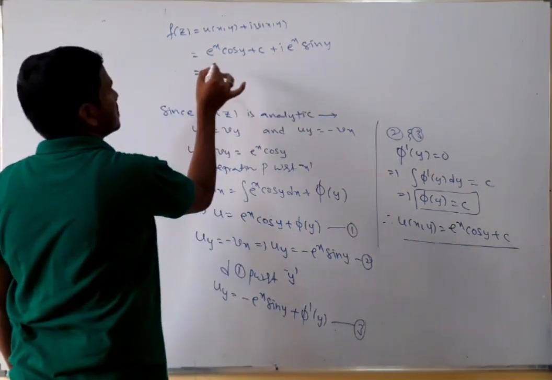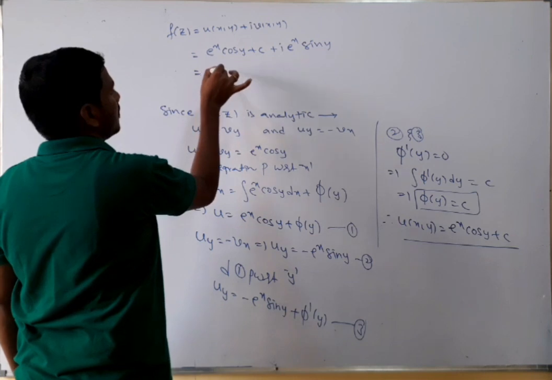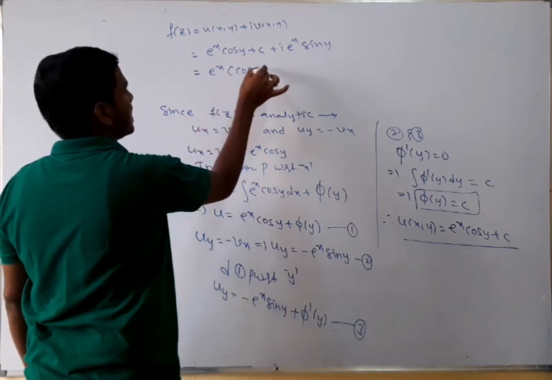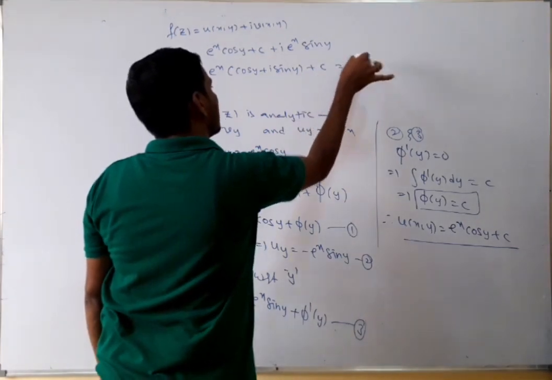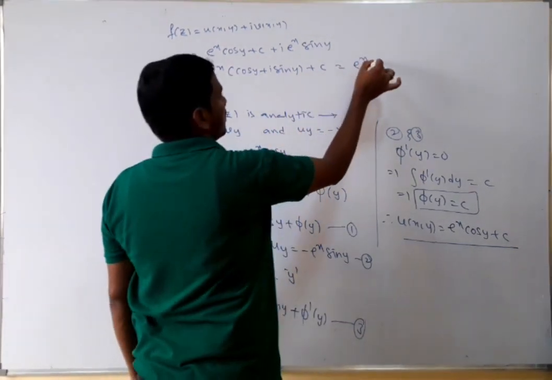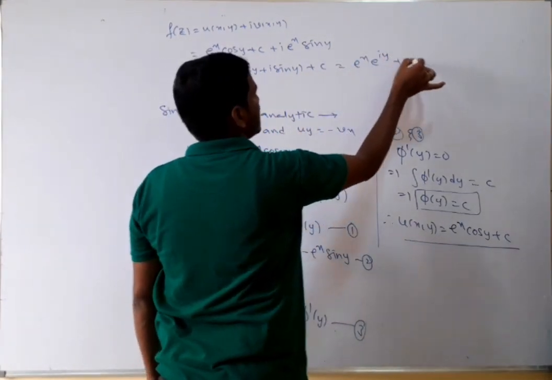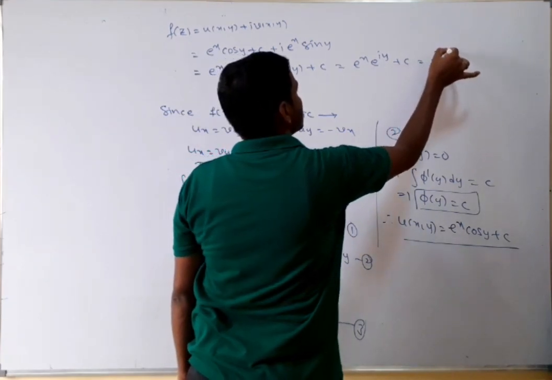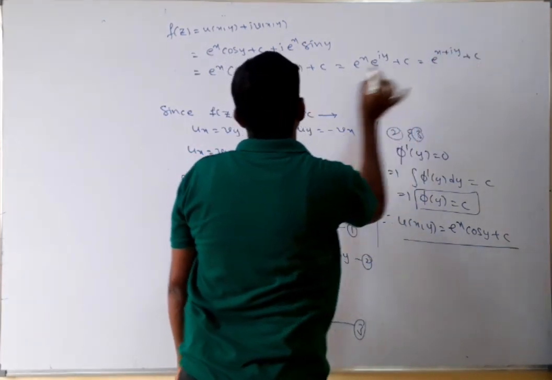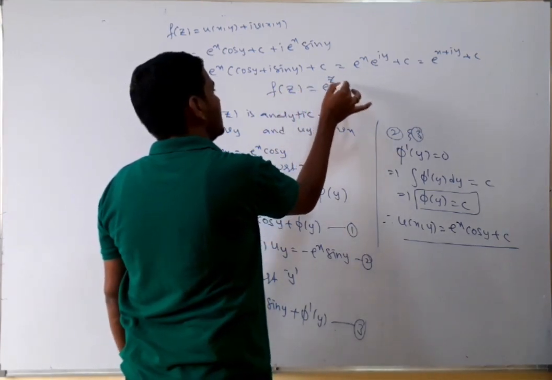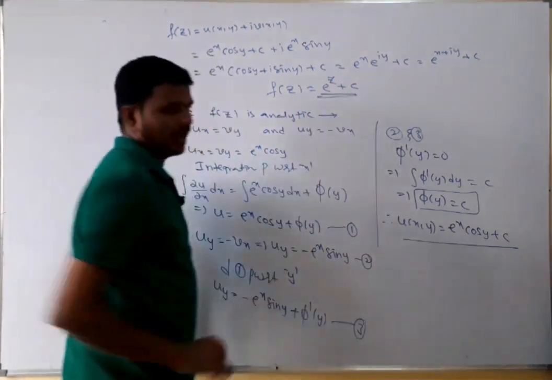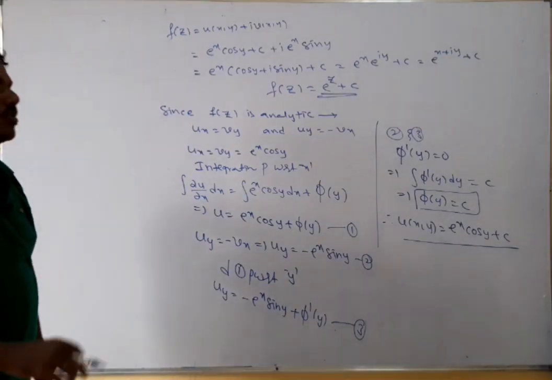So this is equal to e to the power of x into cos y plus i sin y plus c, which is e to the power of x e to the power of iy plus c, that is e to the power of x plus iy plus c. So f of z is equal to e to the power of z plus c, which is the required analytic function. Okay, this is about the harmonic functions.